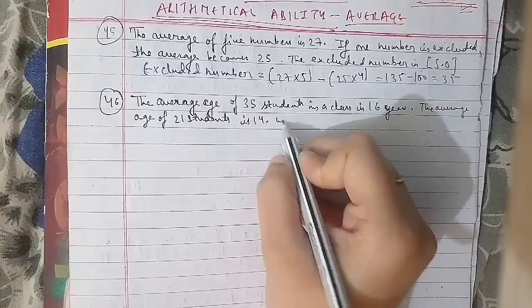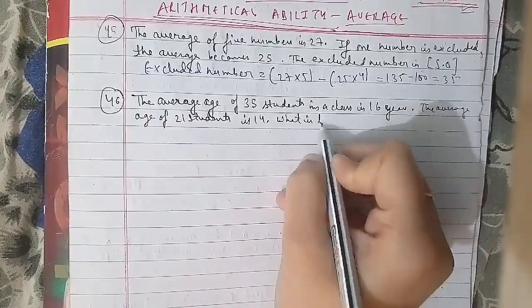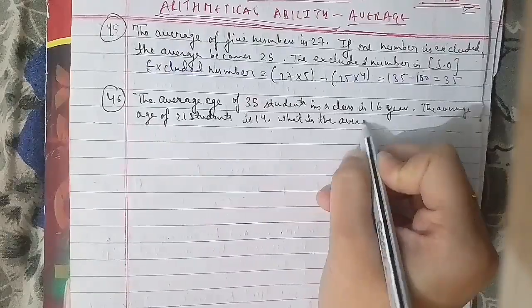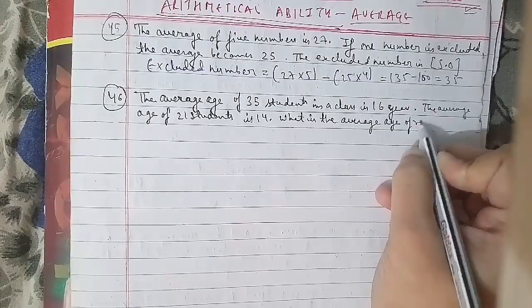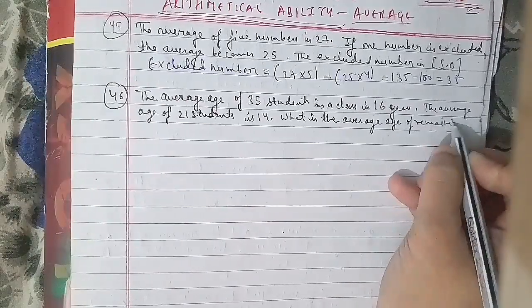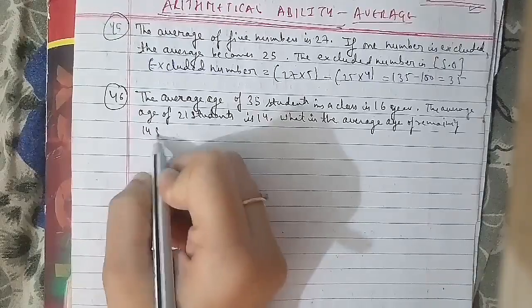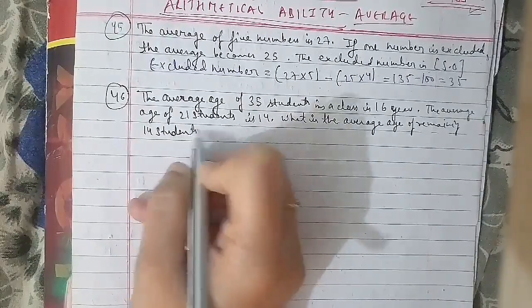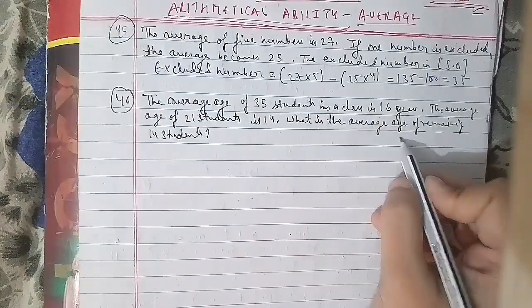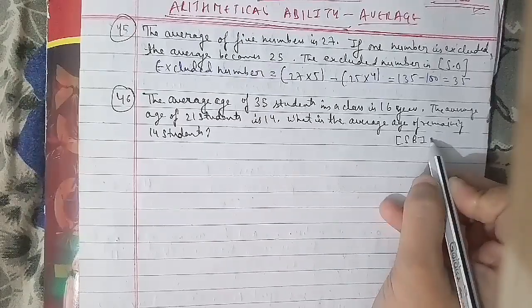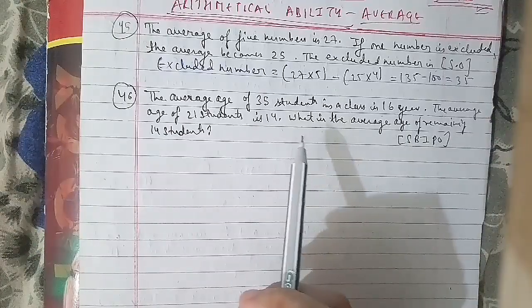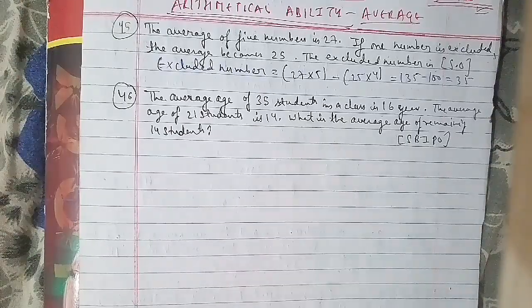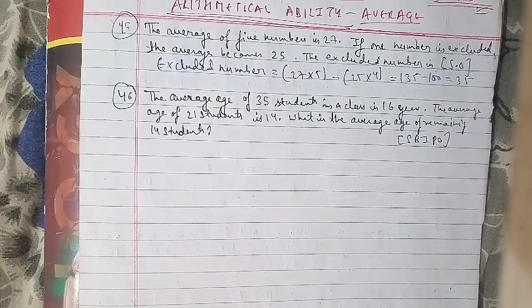What is the average age of the remaining 14 students? This has been asked in your SBI PO question paper. That is also an important one. The options we have are 15 years, 17 years, 18 years and 19 years. So let's go ahead with the solution.